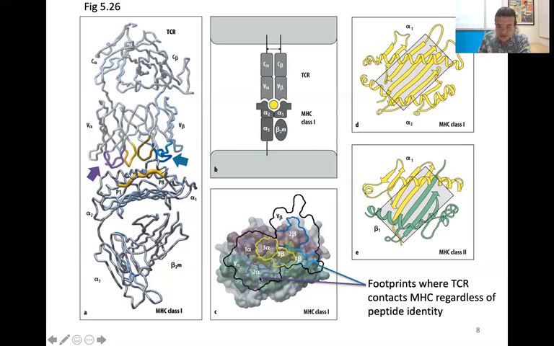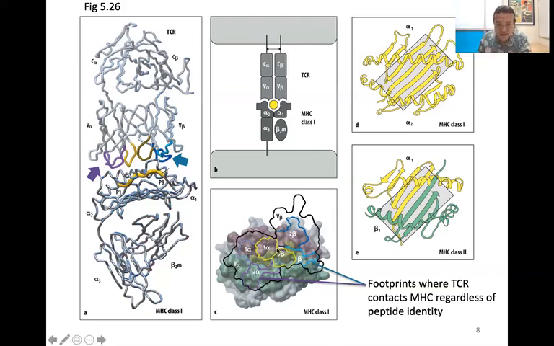The outlines on this are the footprint, right, or the shadow of where the T cell receptor is coming down and pressing up against the surface. And again, the darker purple outline and the lighter purple outline, darker blue outline, lighter blue outline represent where these loops over here are coming into contact, right?